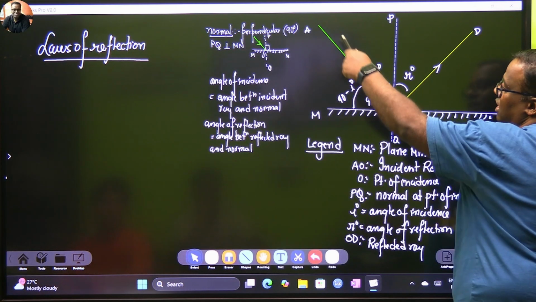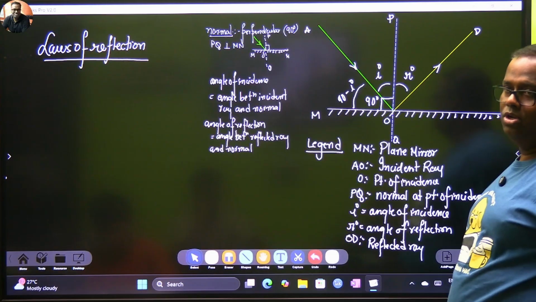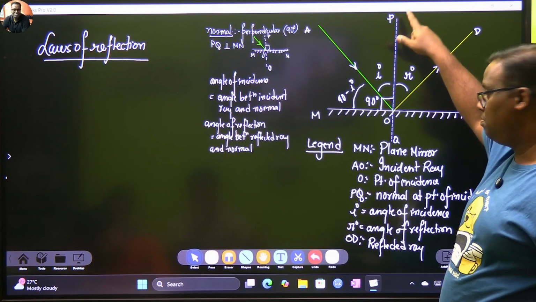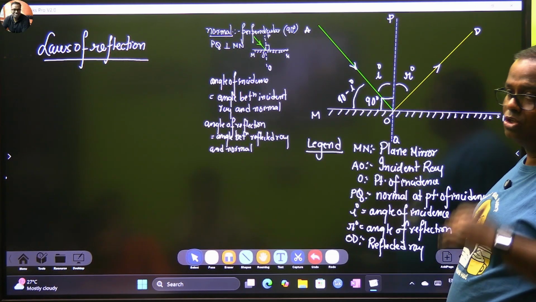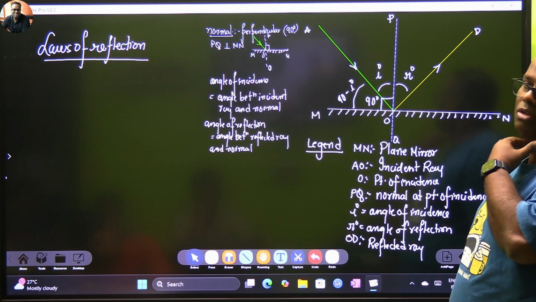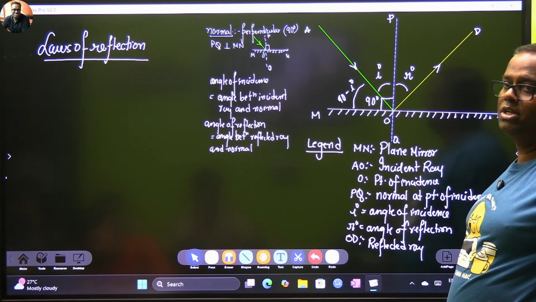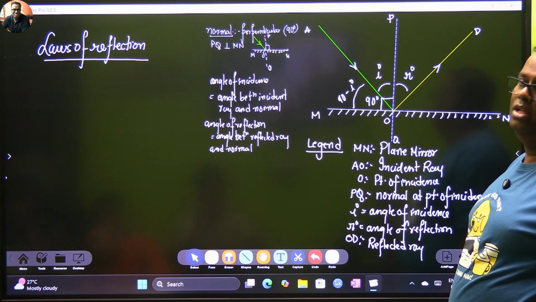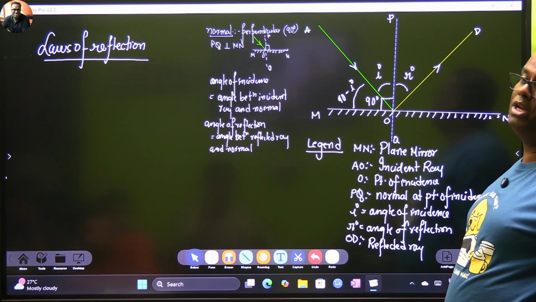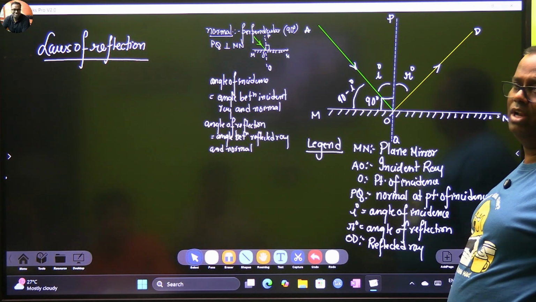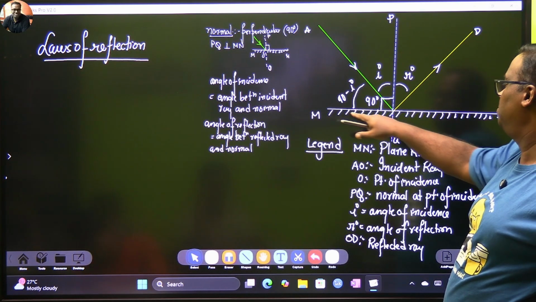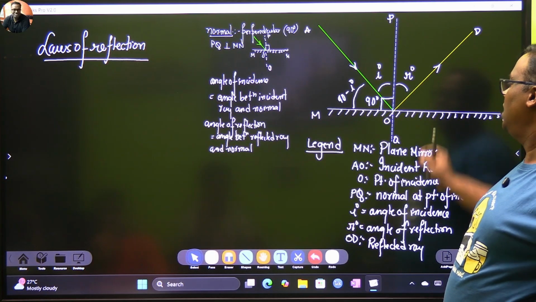The incident ray is coming and striking at O. So at O, we first make a normal at the point of incidence. Normal means perpendicular. When you go to class 10 in mathematics, you'll study tangents and normals. Normal is a line which is perpendicular to a given surface or to a given line. So this normal is perpendicular to this surface. Then we have the reflected ray.